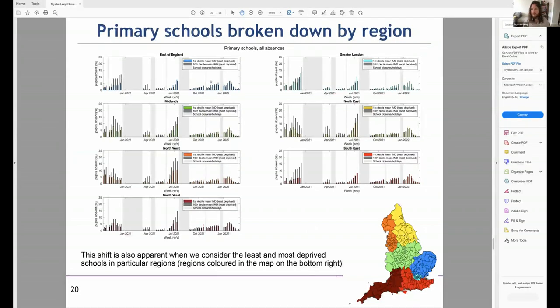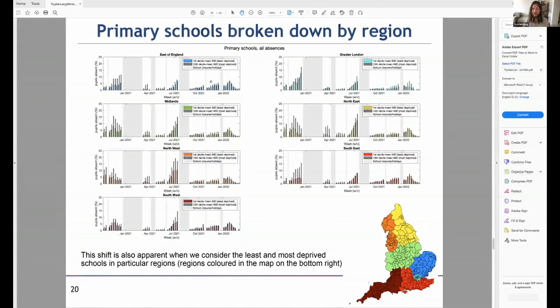So the previous plots have looked at these things at the national scale, but I suppose the thought I had was, are these sort of hiding a regional trend?